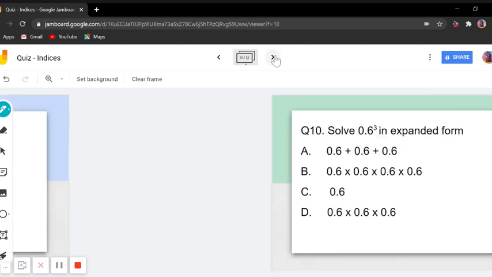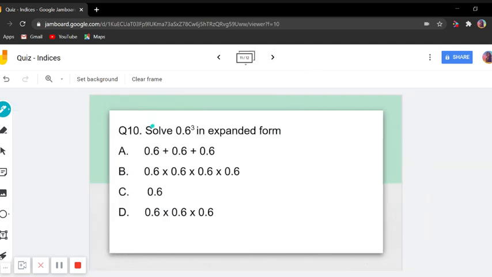Let's take a look at the last question. Solve 0.6 to the power of 3 in expanded form. Alright. The question asks you to solve 0.6 to the power of 3 in expanded form. Let us solve it together. What is the base number here? The base number here is 0.6.